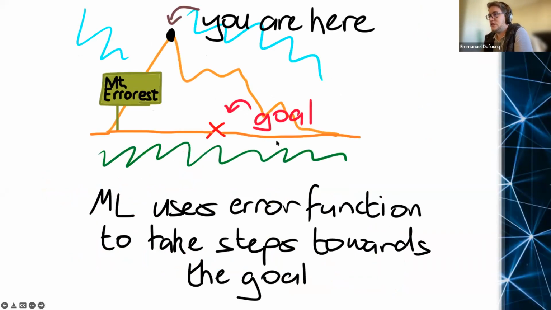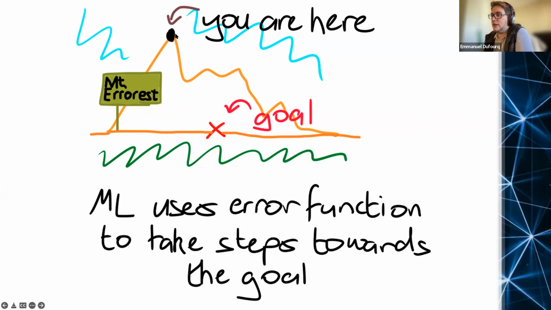Okay, so here you can see my lovely artistic skills, where I have drawn a mountain, and this is the blue sky, and this is the green ground. And this mountain has a name. It's called Mount Everest. So the mountain is about the error, so it makes sense that we call it Everest. And let's say that you're on this mountain and you start off at the peak, right?